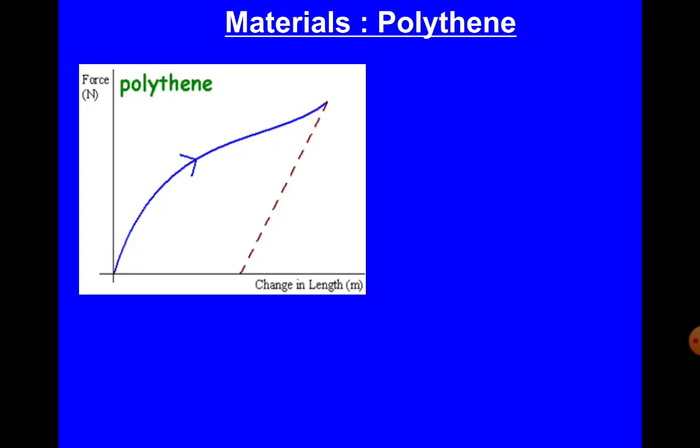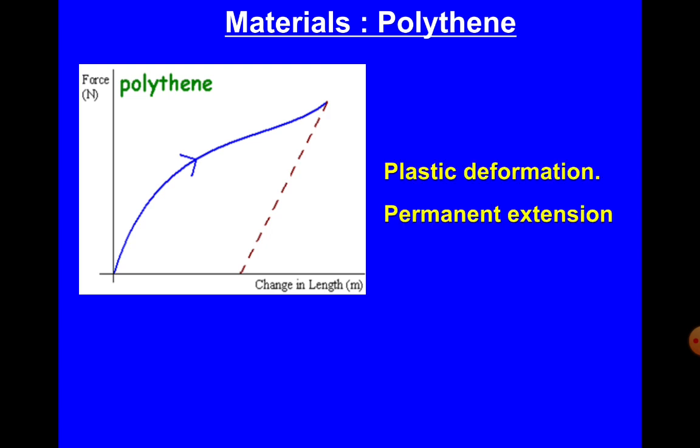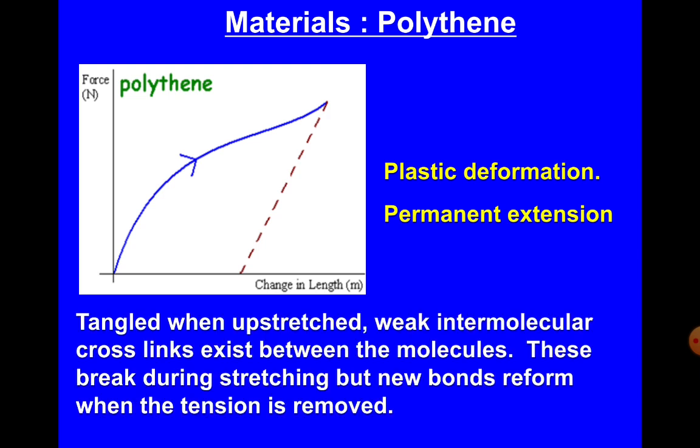Another material, polyethylene, or let's say simple plastic bags. There is definitely a plastic deformation with polyethylene or simple plastics, and we get a permanent extension. This is because weak intermolecular crosslinks exist between the molecules.